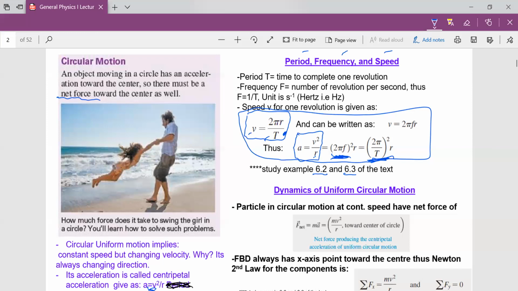So let's advance to the next discussion, which is the dynamics of uniform circular motion. Whenever we encounter the word dynamics, I want a part of you to also think of kinematics, okay?